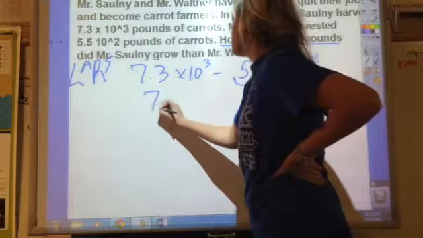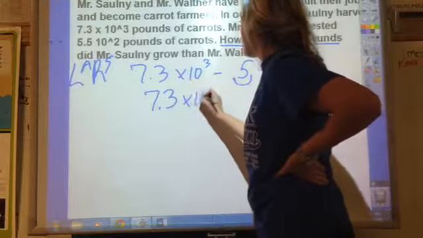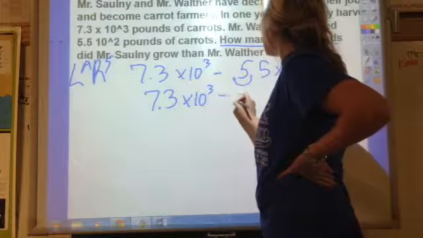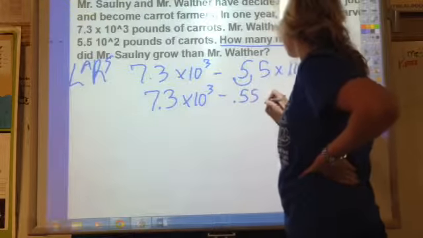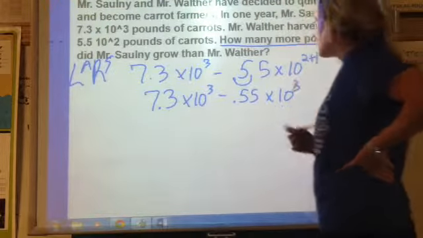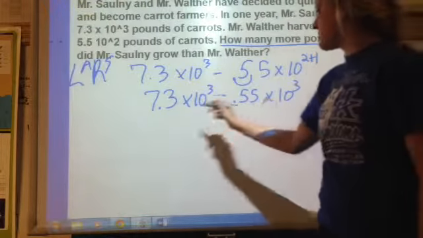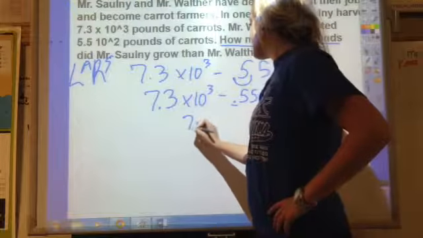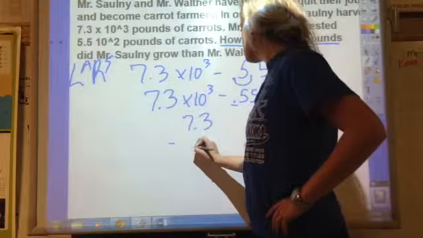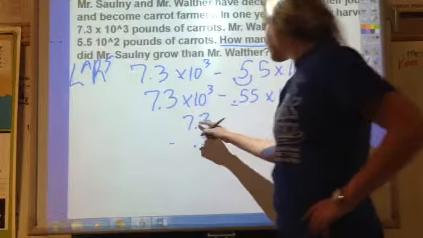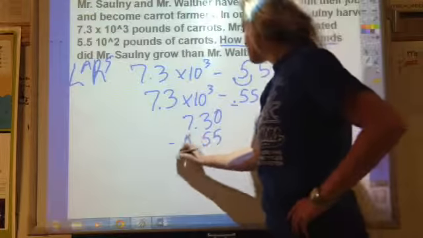My new problem is 7.3 times 10 cubed minus 0.55 times 10 cubed. Now, since my exponents are now the same, I can just go ahead and subtract my coefficients. So I have 7.3 minus 0.55, line up your decimals, and fill in your zeros.